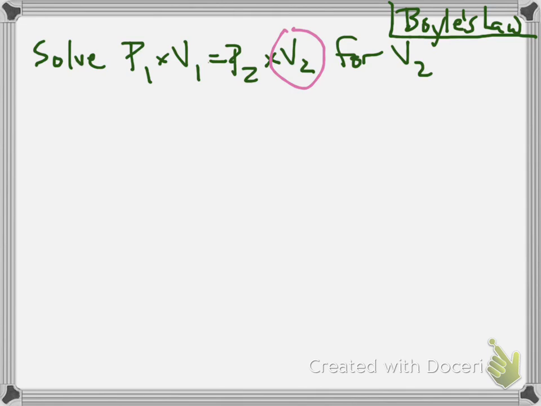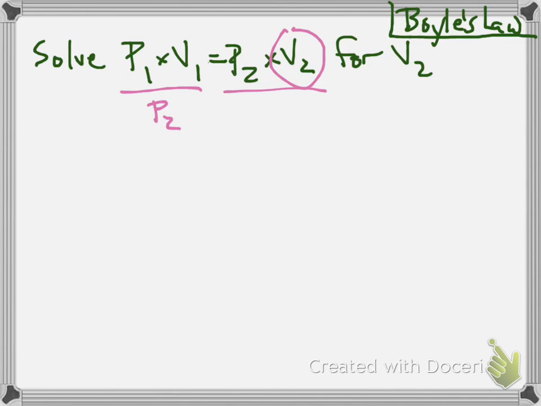So here we see that on the right-hand side, as well as on the left, we multiply pressure times volume. So if we're multiplying in the equation, if we want to get rid of P2, if we want to get it to the other side, we're going to have to divide both sides of the equation by P2. So I'm going to go ahead and write that in here.